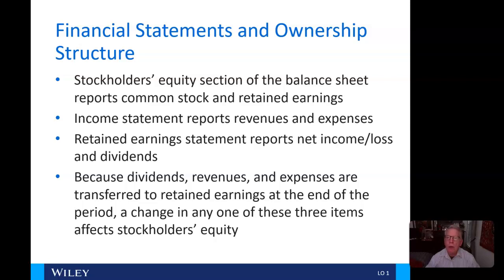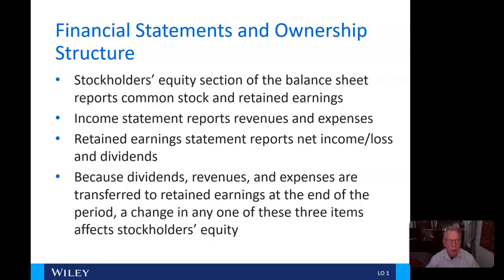Okay, the stockholders' statement and ownership structure looks like this. The stockholders' equity section of the balance sheet reports common stock and retained earnings, as I just explained. Next, the income statement reports our revenues and expenses. And retained earnings then is going to zero out that income statement at the end of the month and bring that balance into the balance sheet in net income.